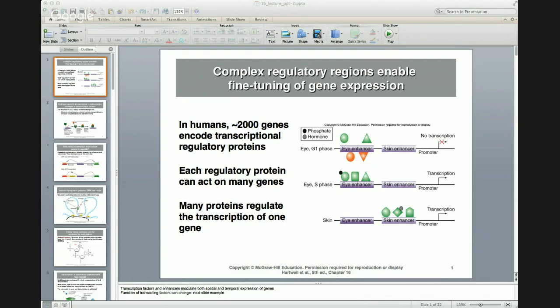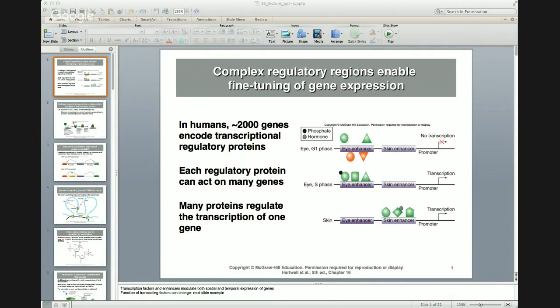Here's an example of a cell-specific type of regulation. Here we're looking at an enhancer that controls a gene that is involved in hair follicle or the growth of hair, and specifically the growth of facial hair in males.